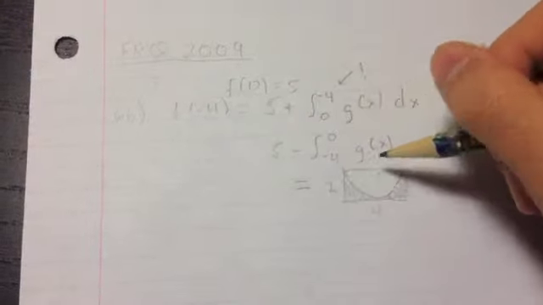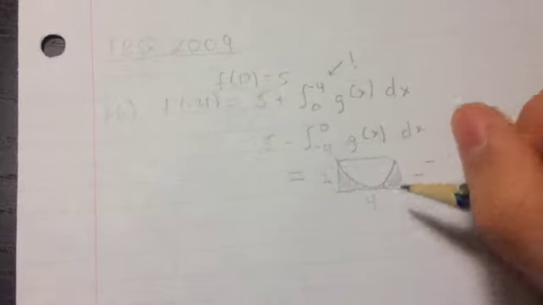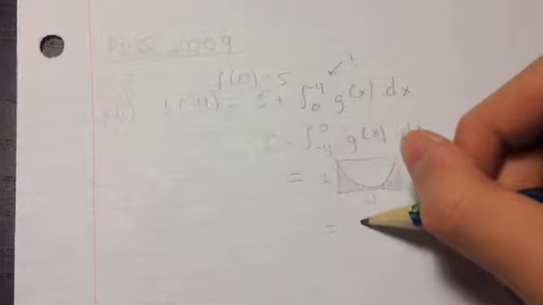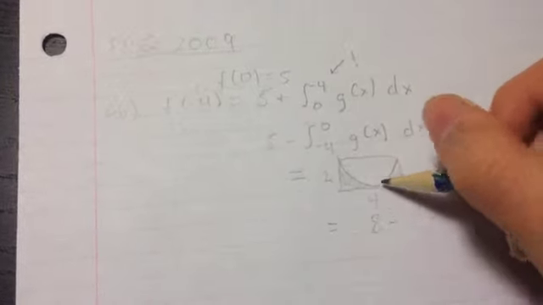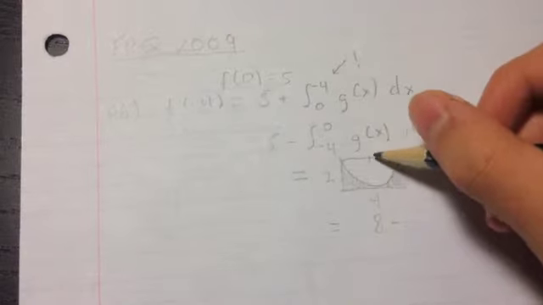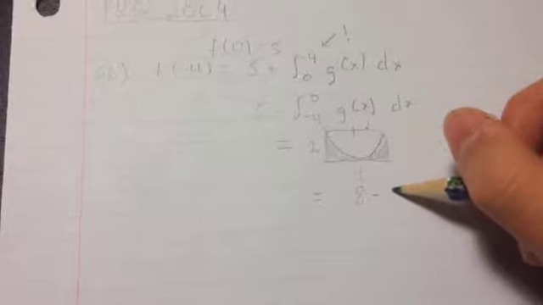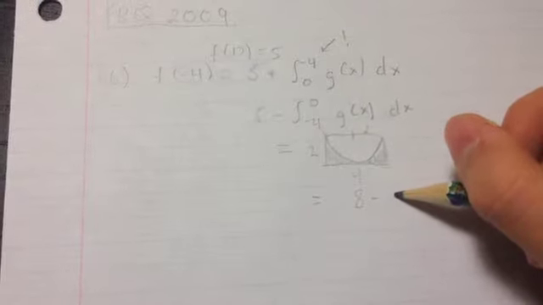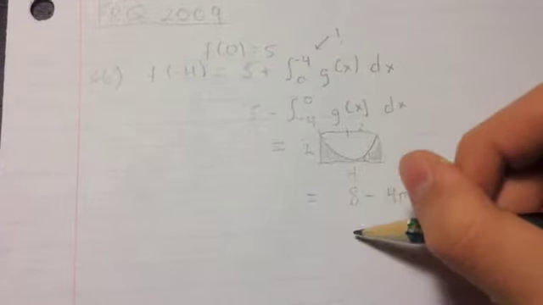And we're trying to find this shaded area. We know that the length is 4 and the width is 2, and that the radius is 2, so we know that the area of the rectangle is going to be 8. And we know that the area of the semicircle, since the radius is 2, is going to be 4 pi, and because it's a semicircle, divided by 2, so 4 pi over 2 equals 2 pi.